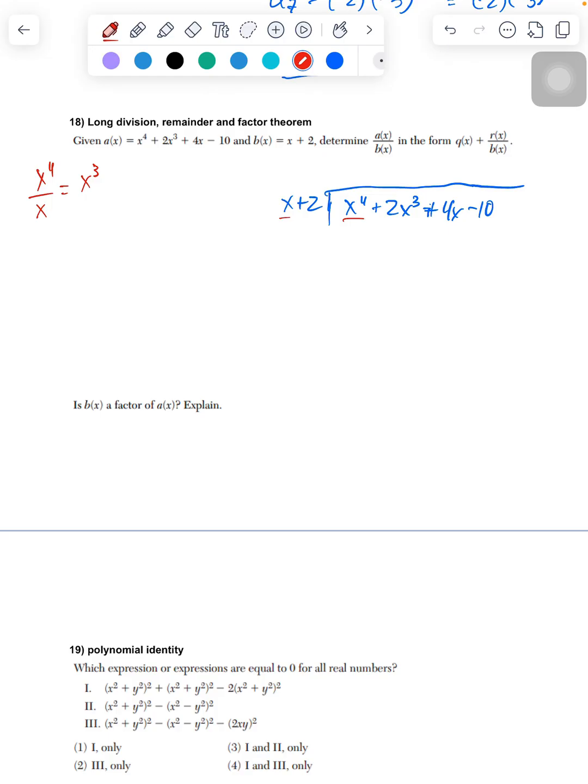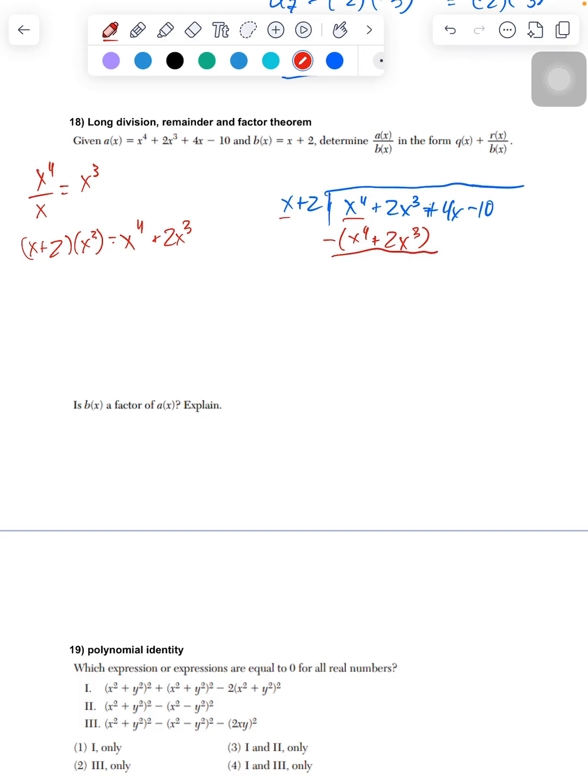So x plus 2 times x cubed, which is going to give me x to the 4th plus 2x cubed. Now I'm going to subtract all that. Subtract x to the 4th plus 2x to the 3rd power, sorry.